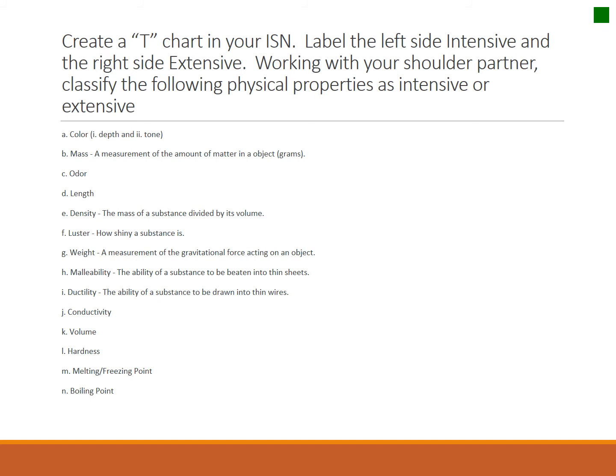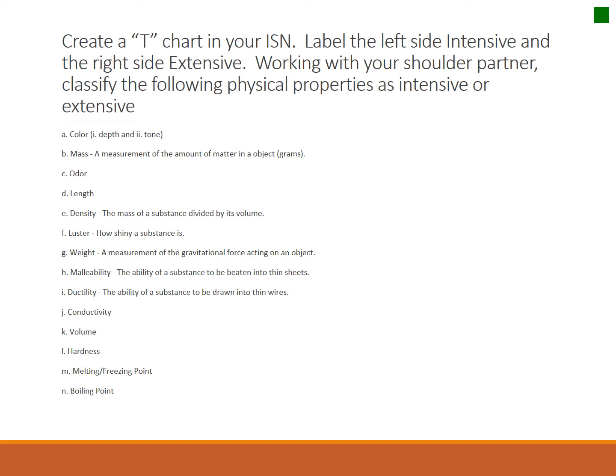For your assignment, which you'll be doing in class, you're going to be asked to create a T-chart. On that T-chart, which you're going to place into your ISN, you're going to write all these properties that are listed, A through N. Right next to each one, you're going to identify it as being either intensive or extensive.